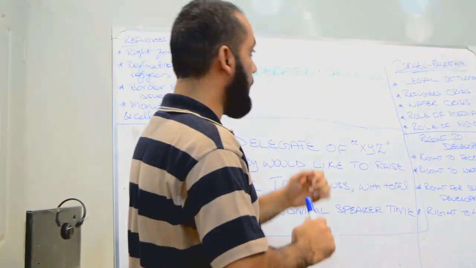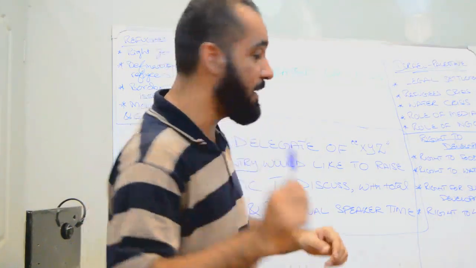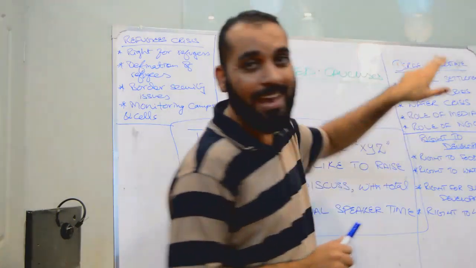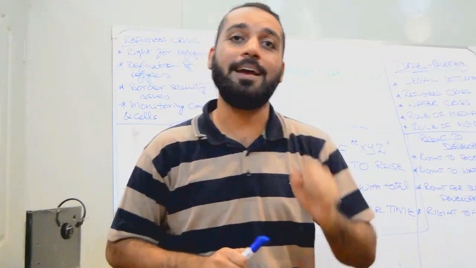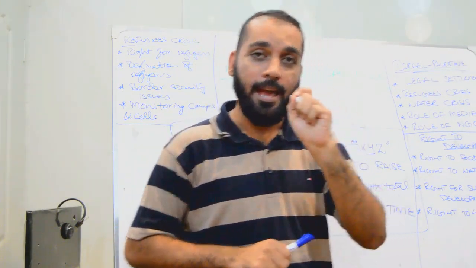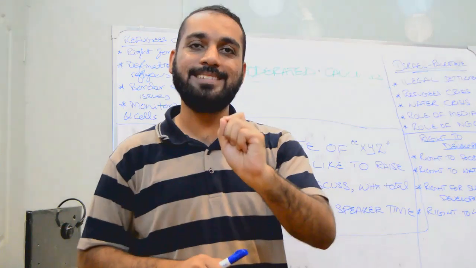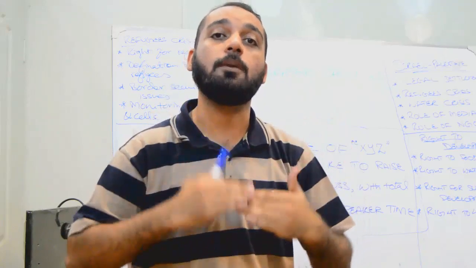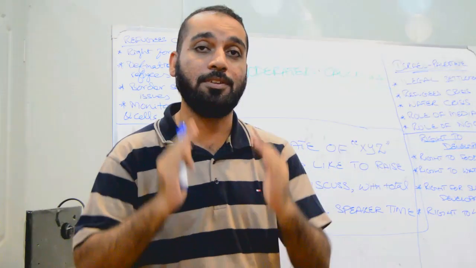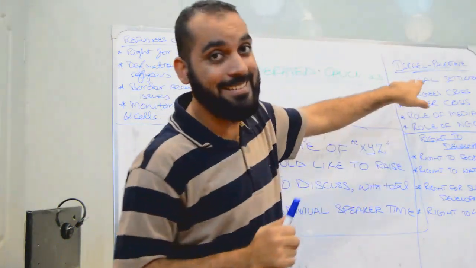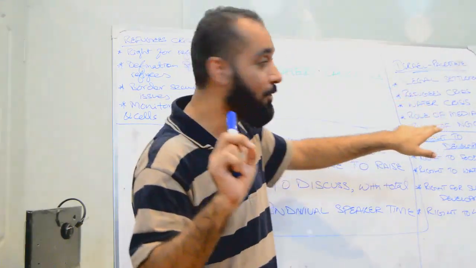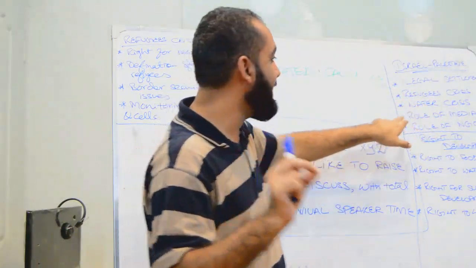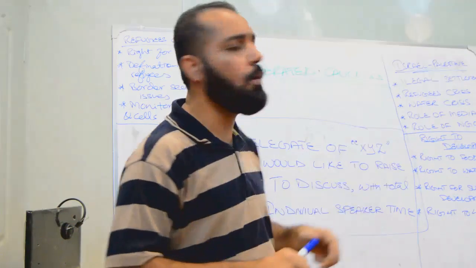Similarly, I've got another example for the moderated caucus. Let's suppose the main topic is the Israel-Palestine issue. If the main agenda is the Israel-Palestine issue, we could have some different subtopics, or you can say moderated caucuses, like illegal settlements, refugee crisis, water crisis, role of media, and role of NGOs.